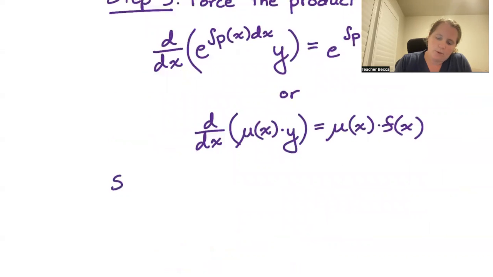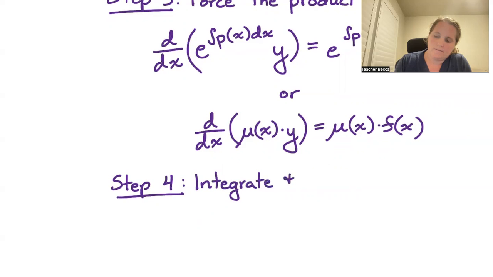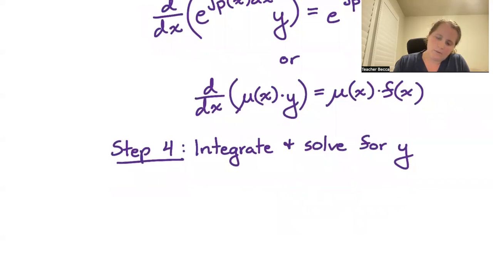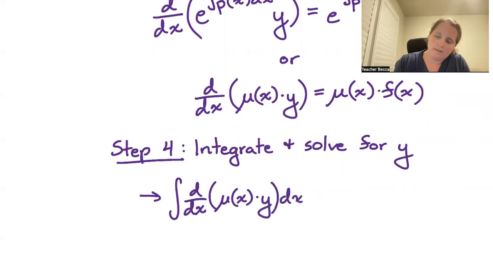In our step 4, if we integrate and solve for y, then we have the integral of the derivative of mu of x times y dx is equal to the integral of mu of x times f of x dx.